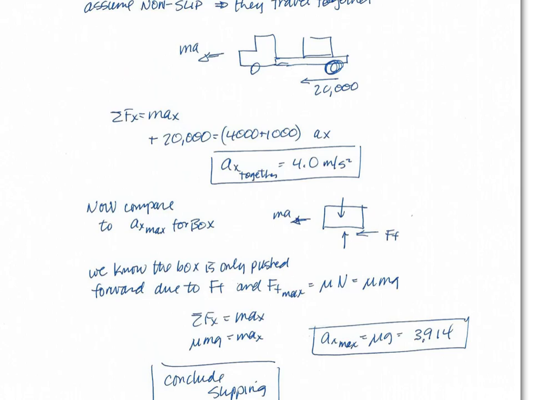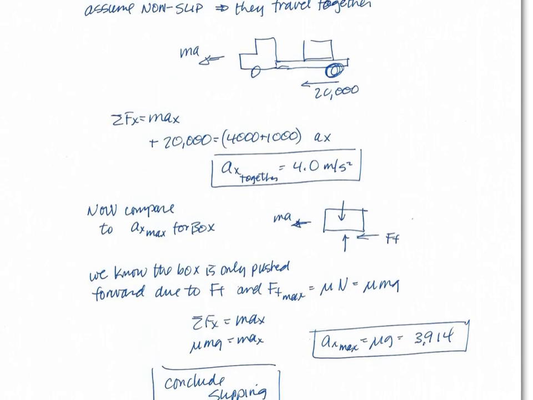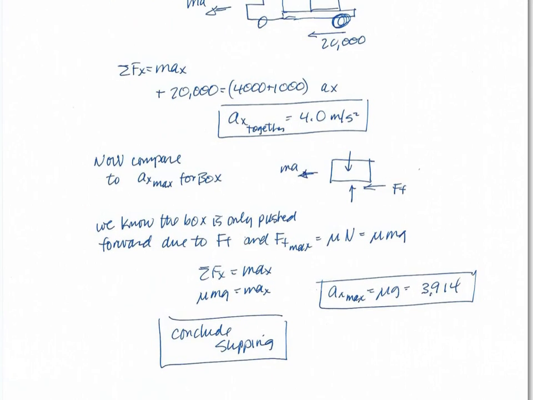I know that the box cannot accelerate greater than 3.914. If they travel together, they travel at 4 meters per second squared, which means that this is an impossible scenario. I can't accelerate greater than my maximum. And so there again, I conclude that the slip condition is confirmed.